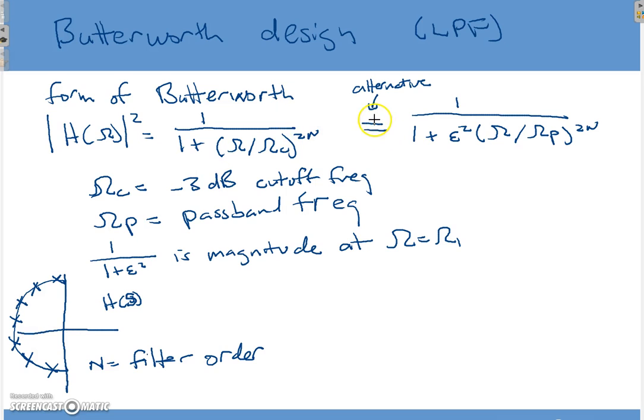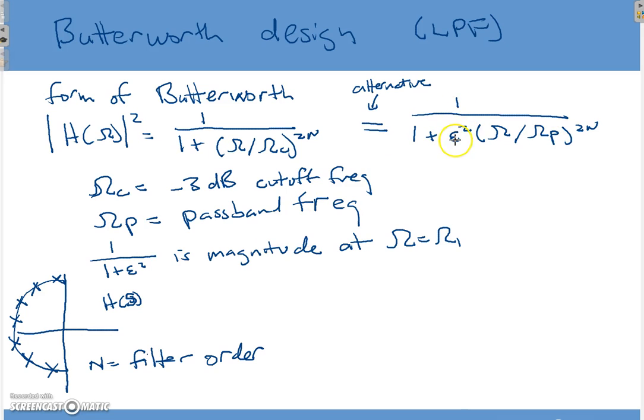Now, alternatively, you can rewrite this, which turns out to be useful, this way. You would say it's 1 over 1 plus epsilon squared times frequency divided by omega p, where this is now the passband frequency.